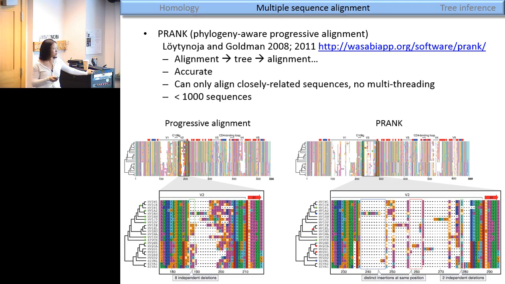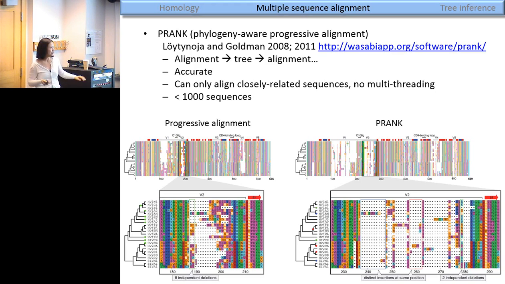In benchmark studies, PRANK usually outperforms MAFFT or MUSCLE or ClustalW in accuracy, but PRANK only works well with relatively closely related sequences. When you get more distantly related sequences, it will just give a really gappy alignment that doesn't make sense at all, just really, really large. Sometimes it will lead to a group of sequences that don't overlap in any column.